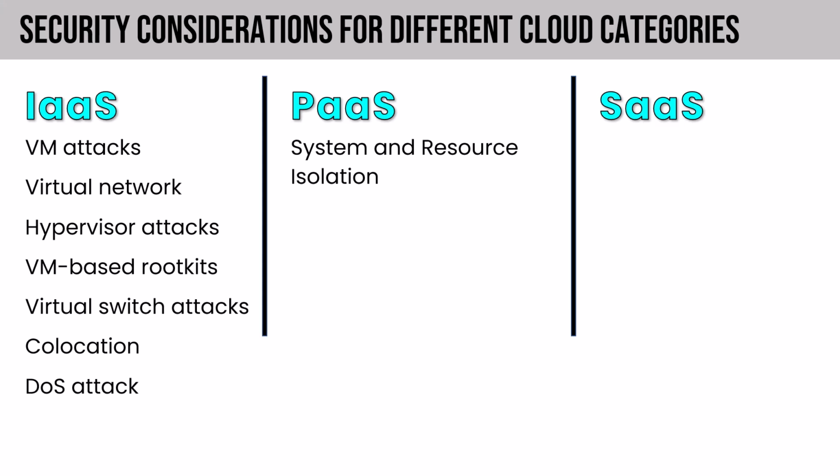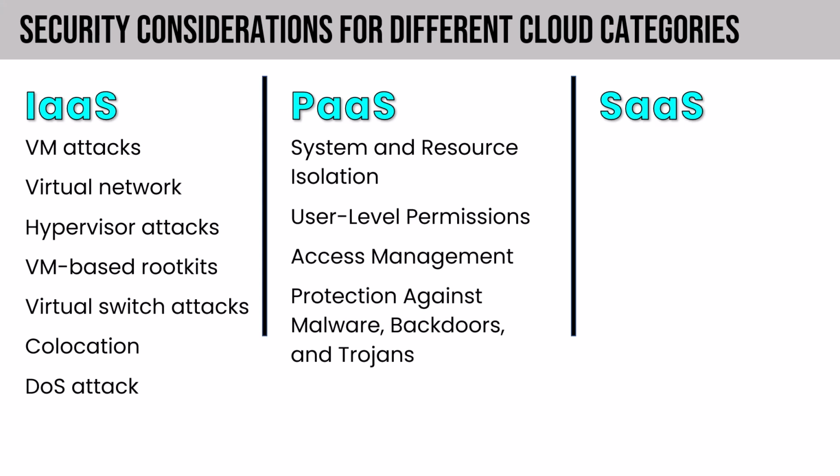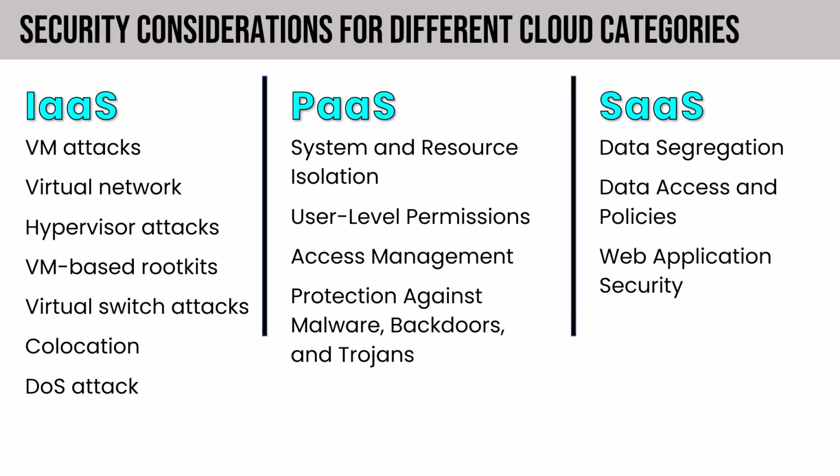On the PaaS side, we have system and resource isolation, user-level permissions, access management, protection against malware, backdoors, and Trojans. And in SaaS, we have data segregation, data access and policies, and web application security.